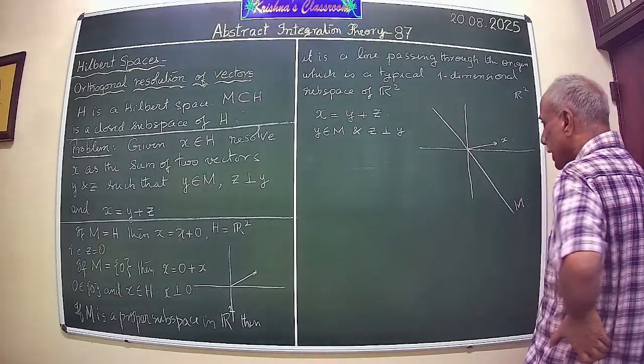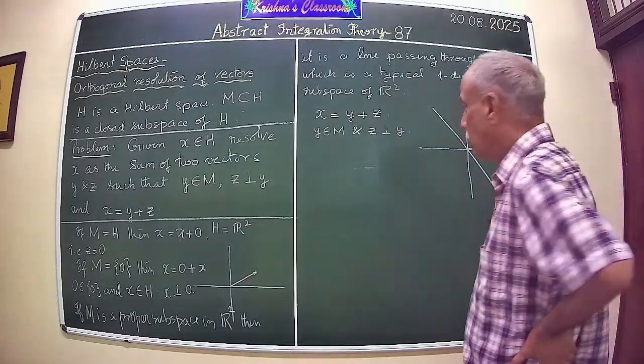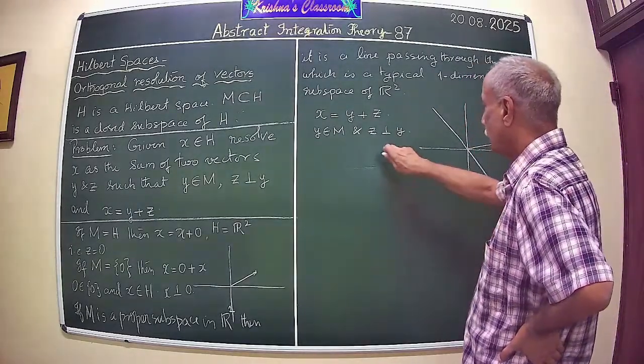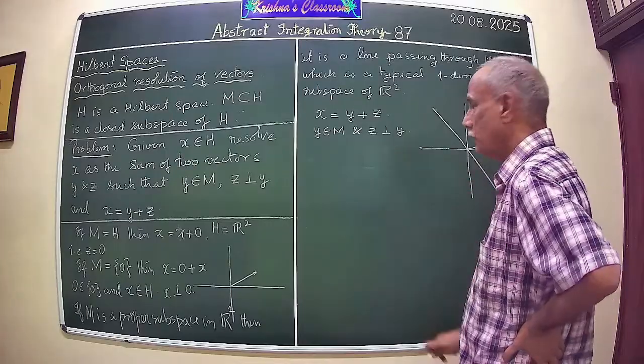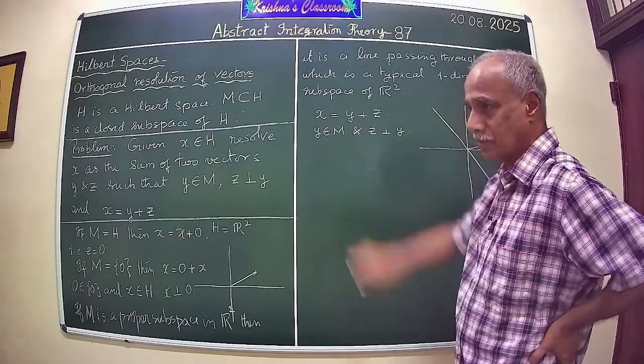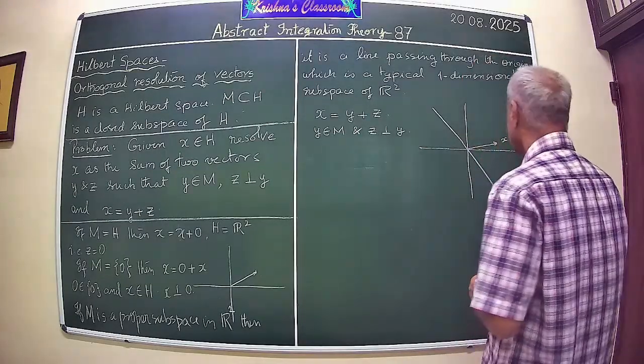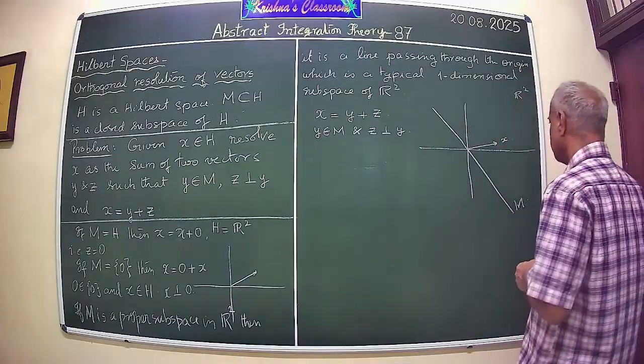How to get hold of these vectors? If you get one of them, you can get the other. So let us explore this problem.